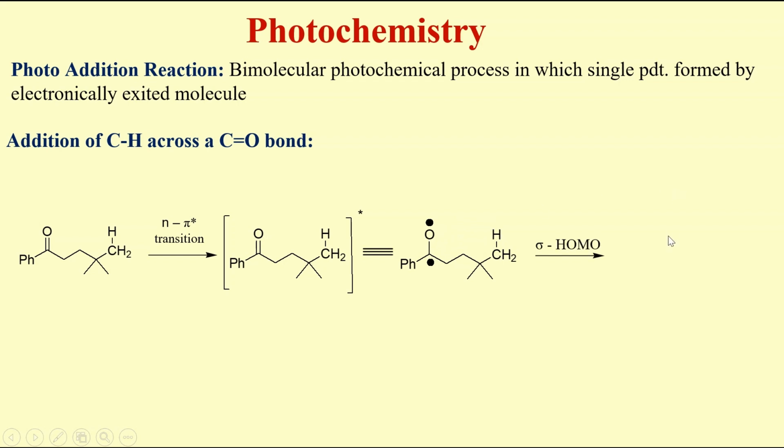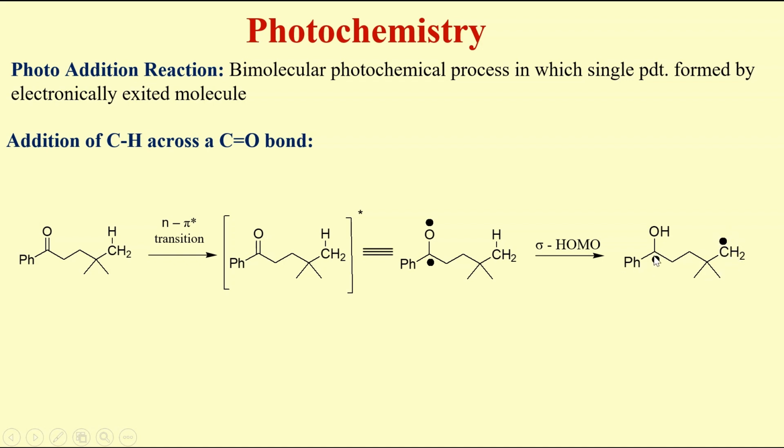And this becomes OH. Sigma electrons of the CH bond, which is in the highest occupied molecular orbital, have combined with the single radical of the oxygen to give OH. When these electrons are moved, a methylene radical is formed.